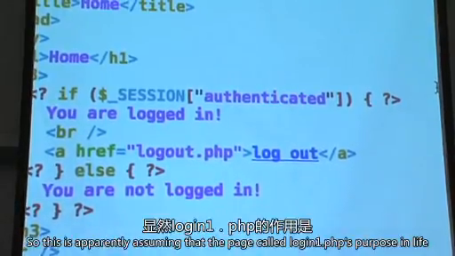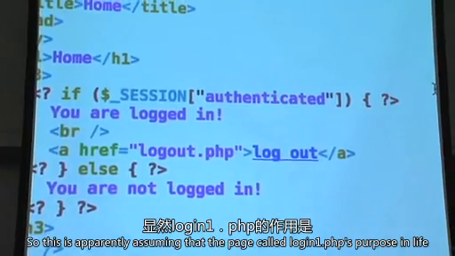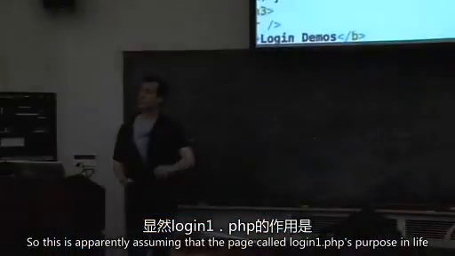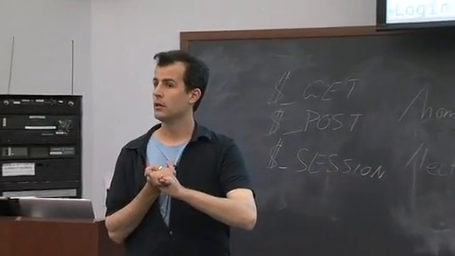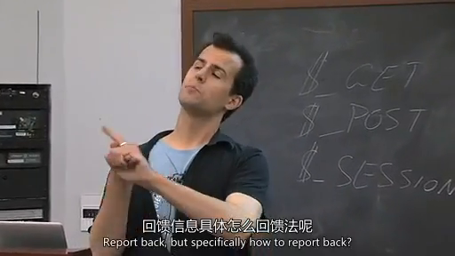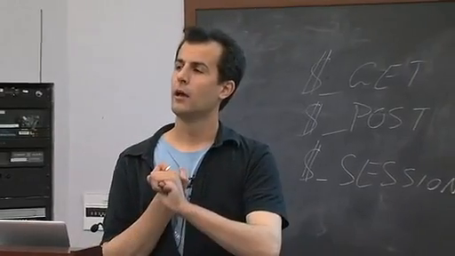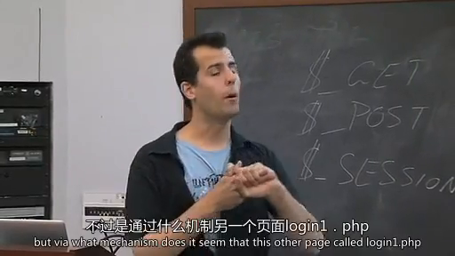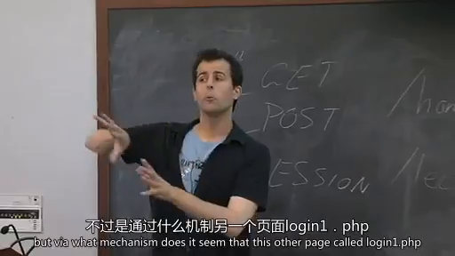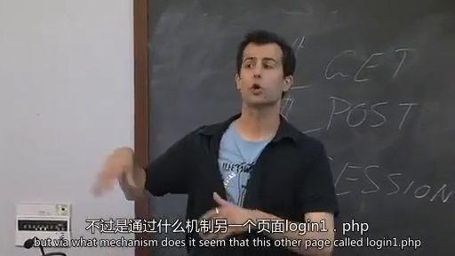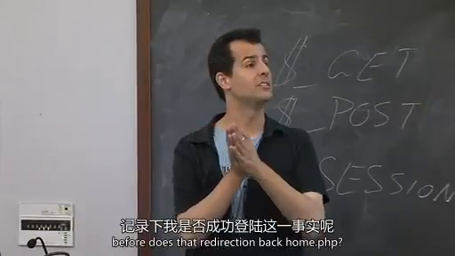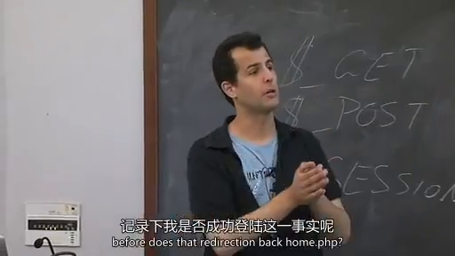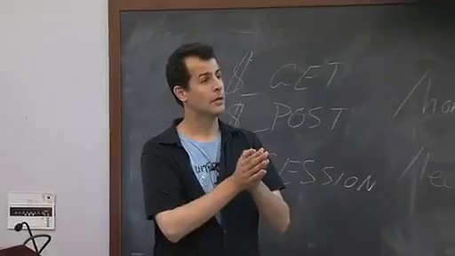So this is apparently assuming that the page called login1.php's purpose in life is to get my username, get my password, check them, and then do what? Report back, but specifically how does it report back? Yes or no, but via what mechanism does it seem that this other page called login1.php is recording the fact that I have logged in successfully before it does that redirection back to home.php? You said $_SESSION is like a hash table. Yeah, exactly.